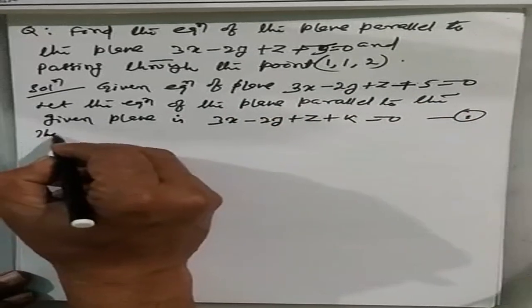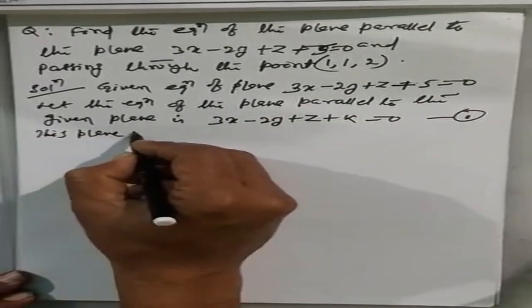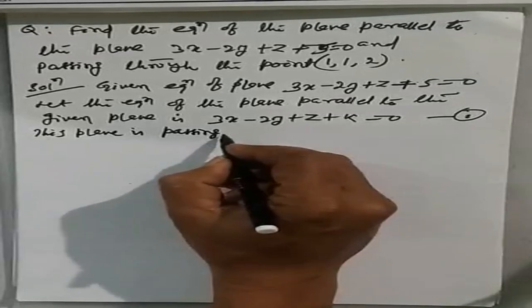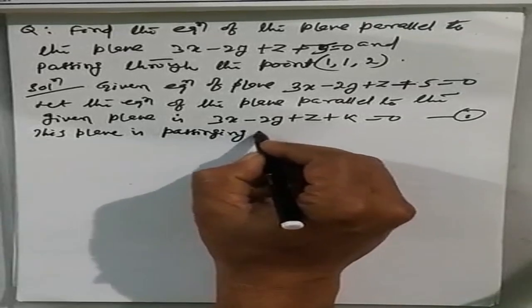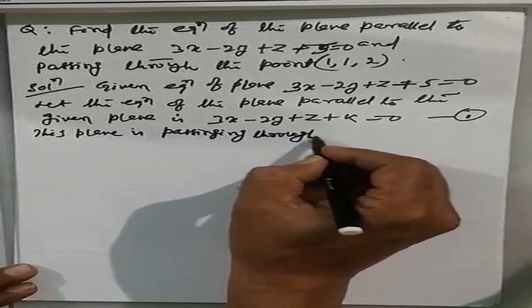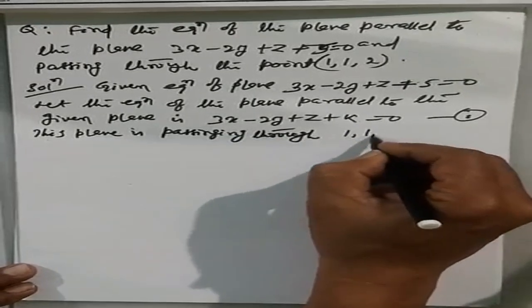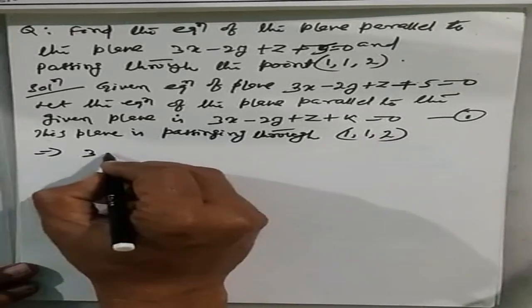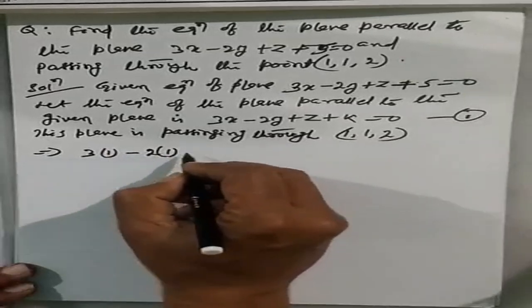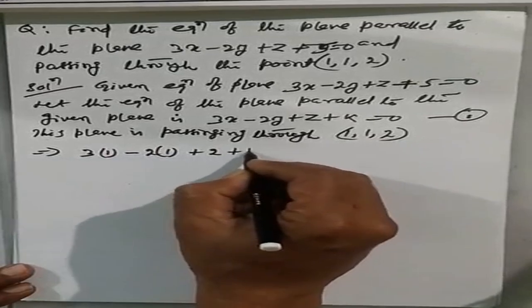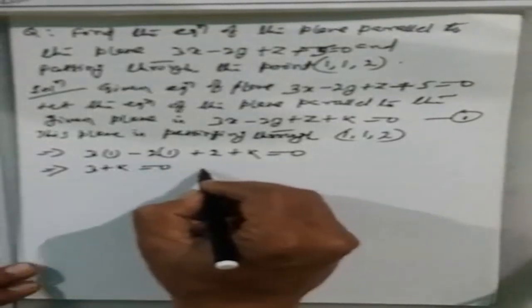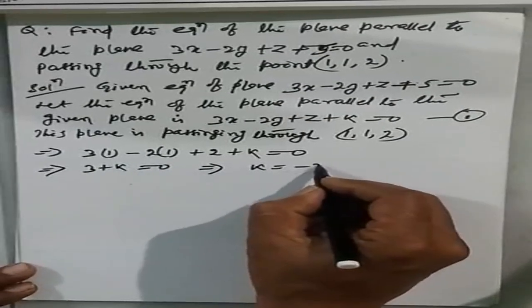So it implies 3 into 1 minus 2 into 1 plus 2 plus k is equal to 0, which implies that 3 plus k is equal to 0, which implies k is minus 3.